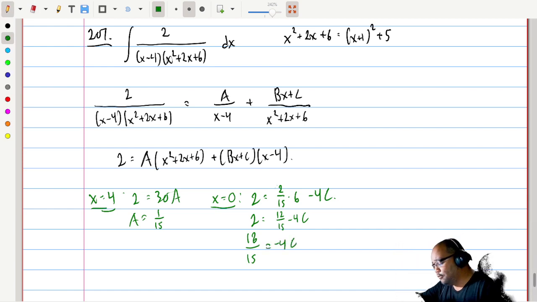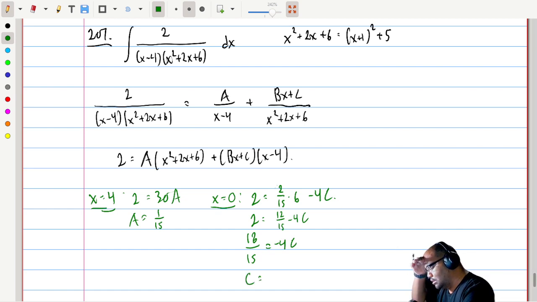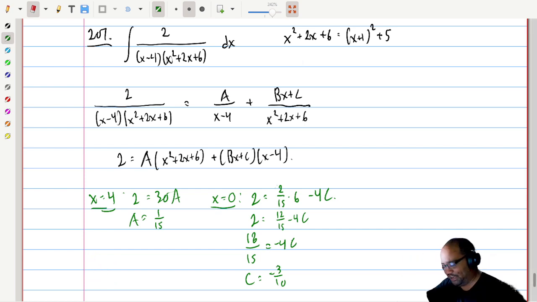All right, now I divide by -4. So let's see, 9 over 2, so 9 over 30. So let's just simplify this. Divide by 3, 6 over 5. So, let's see, 18 divided by 4 times 15. Yeah, 3 over 10. So if everything works out, I have this right.